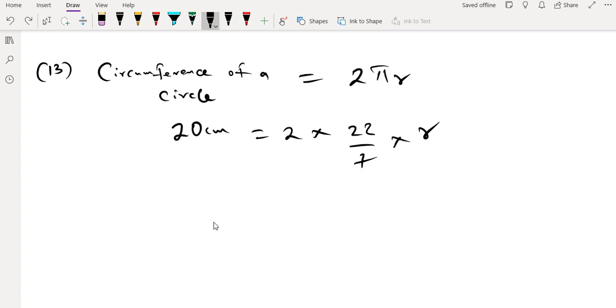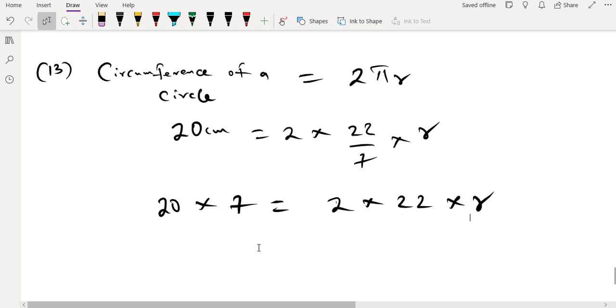What do you think I should do? 20 times 7. Most of you have understood. The reason is because I will divide. Why am I multiplying? To make it more complex. I would divide. So I will now divide both sides by what? 2 times 20. Very good.